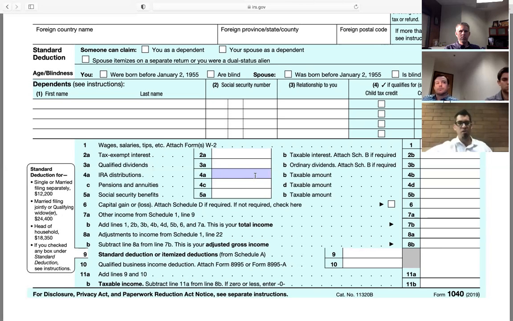That account grows to 20,000, and I take that 20,000 out. I don't have to pay taxes on the 20 because the 5,000 is my post-tax dollars that I put into a non-deductible IRA. My income is only 15,000. So the full 20 will show up here, but then only the 15 will show up as taxable because the 5,000 is my own money.